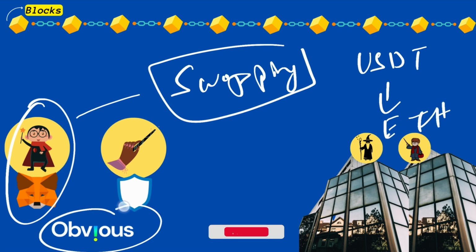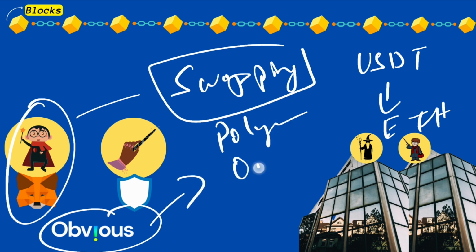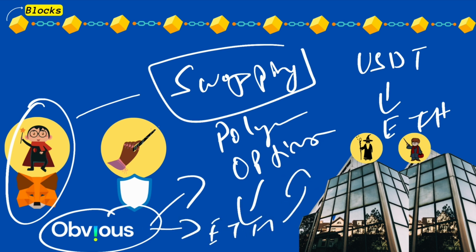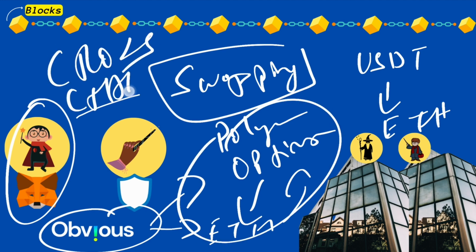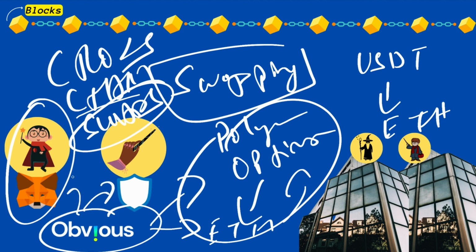But if you want to move your funds from Polygon or Optimism to the Ethereum chain or vice versa, something like Obvious Wallet makes these transactions easier. These are called cross-chain swaps or bridging. So you can do cross-chain transactions using Obvious much more easily, and Obvious can connect with your Trust or MetaMask easily, or you can use the Obvious native wallet as well.